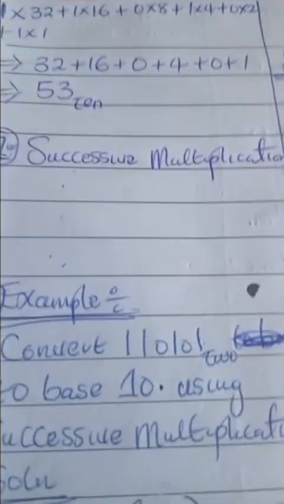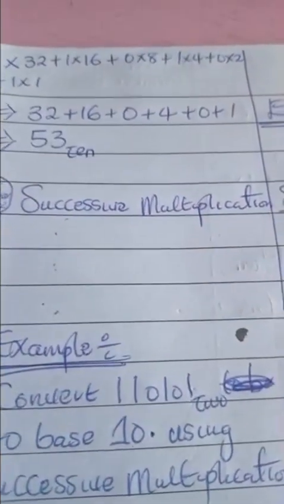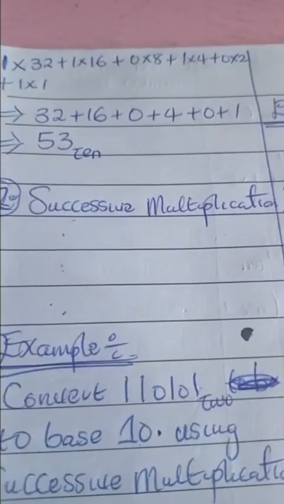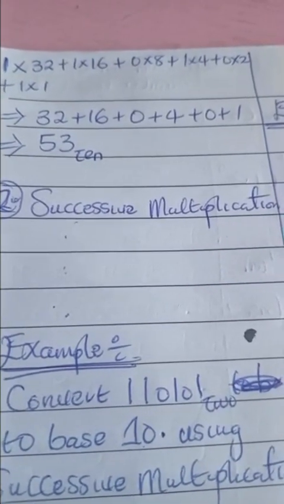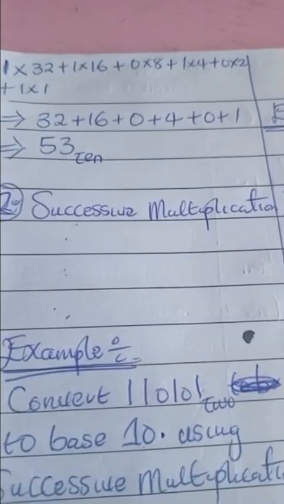Now, using successive multiplication as also a method of solving. Successive multiplication involves you multiplying the base by the first digit, adding it to the second digit.